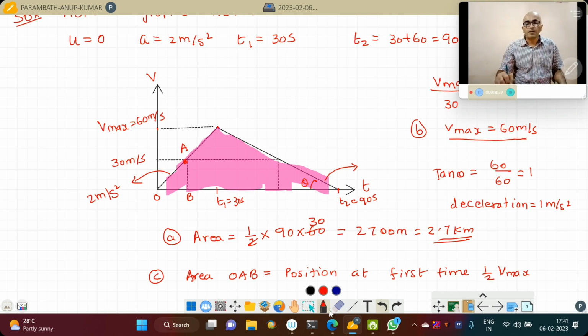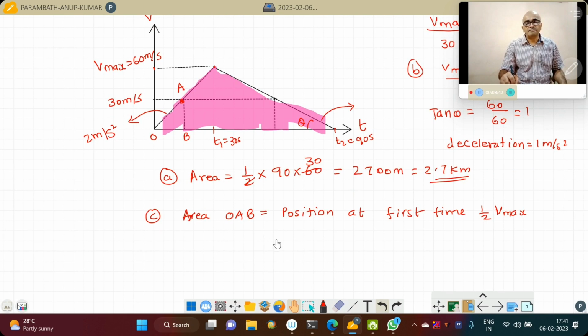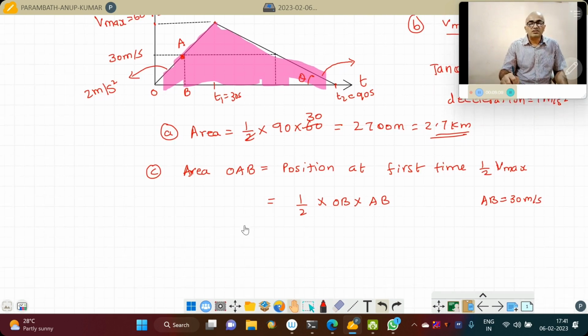Okay. So, how to find that area? Half triangle area, base OB into height AB. AB I know very well. AB is 30 meters per second. But how to find OB? From the slope I can find out what is OB.